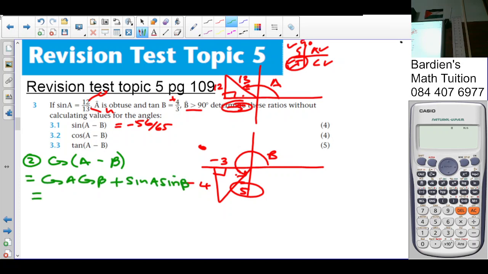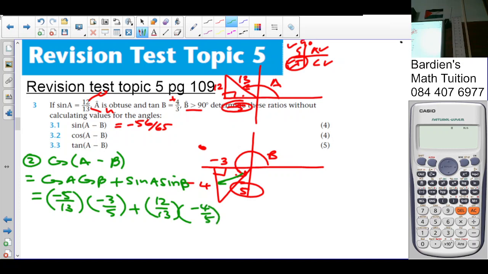When it says angle A, we can only use the first diagram. This is angle B, we can only use the second diagram. So cos of A, cos is adjacent over hypotenuse, which is negative 5 over 13. Cos of B is negative 3 over 5. Plus sine of A is 12 over 13 times sine of B, which is negative 4 over 5.